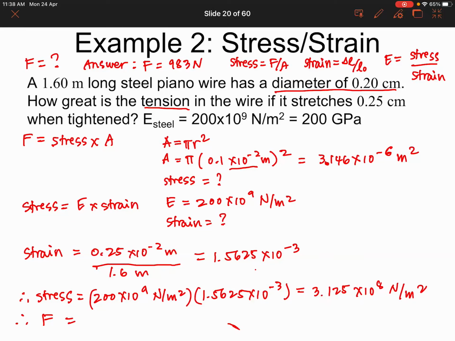The stress you've calculated was 3.125 times 10 to the 8 newtons per meter squared, times the cross-sectional area you've calculated earlier, 3.146 times 10 to the minus 6 meters squared. That gives you a force of 983 newtons.